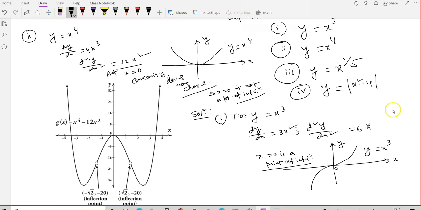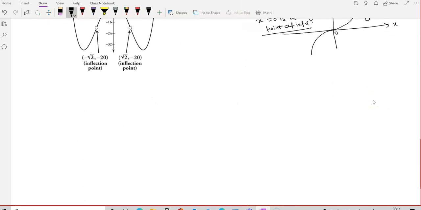Let us do it for y equal to x to the power 1 by 5.